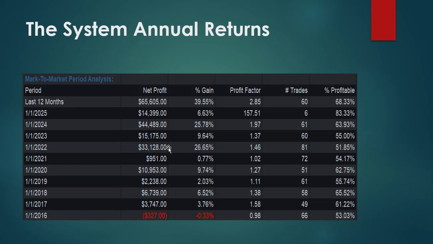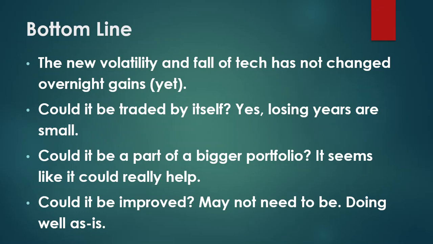Well, look at this, bear market year, 33,000, right? Now, it's not perfect. Small losing years, small winning years, but look at that result, right? This is something I want to track and keep talking about, right? Bottom line, new volatility, the fall of tech, and all the stuff that's happened lately has not changed this system at all yet.